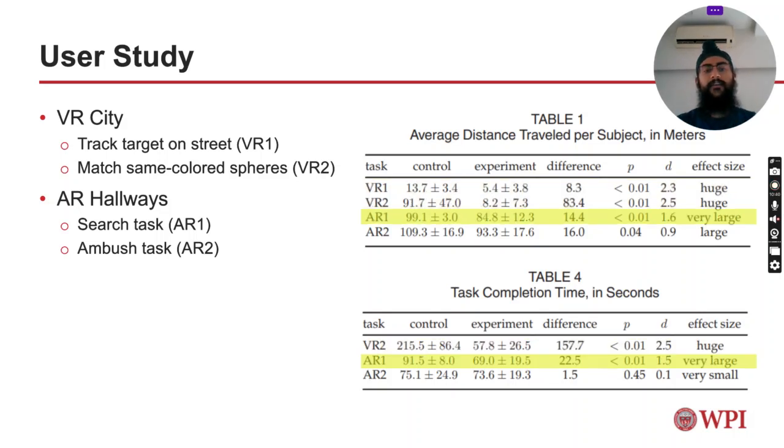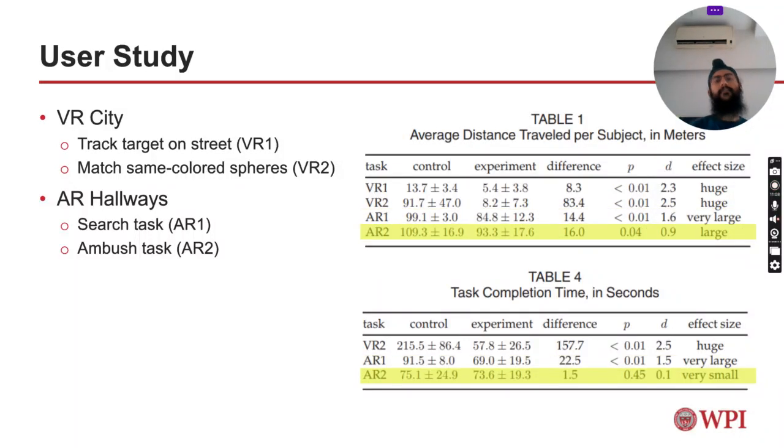Then looking at the AR task, the first task was they had a stationary object somewhere in some hallways, and they had to find it. This showed some pretty decent improvements in both distance traveled and the completion time for this task.